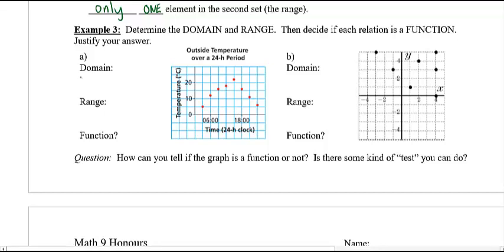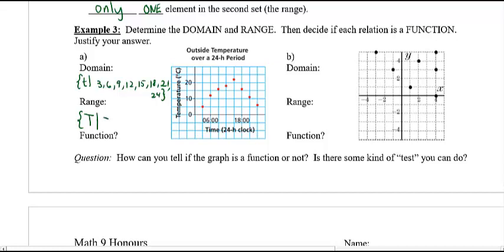Okay. So domain for the temperature in this case, I guess it's time. I look at the dots. I guess in this case I'll just say the dots are at 3, 6, 9, 12, 15, 18, 21, 24. It's just easier to list them out. And the range, yeah, probably easier to list that out. Temperature, perhaps. Maybe I'll go capital T this time. And what are the values there?